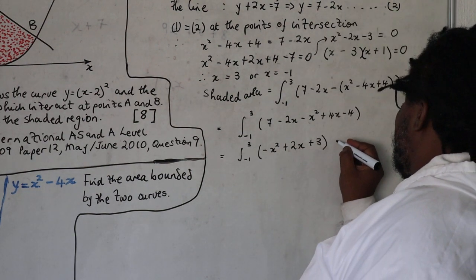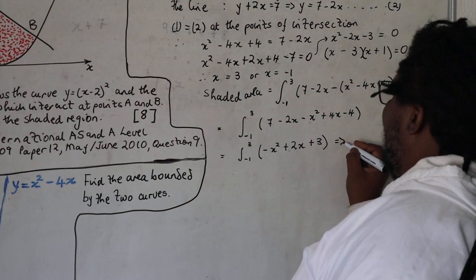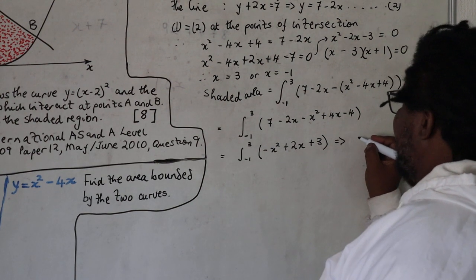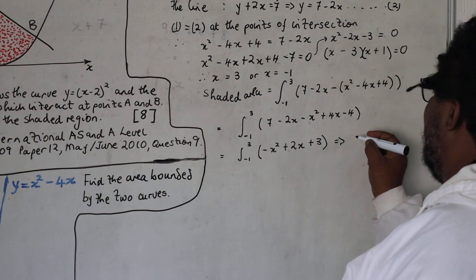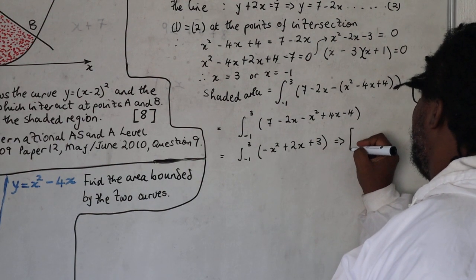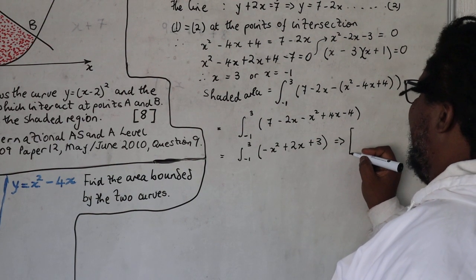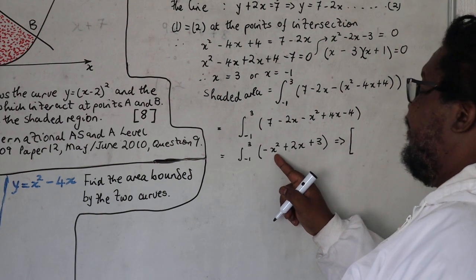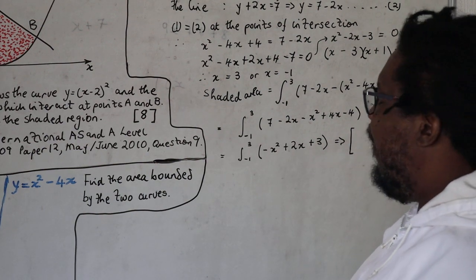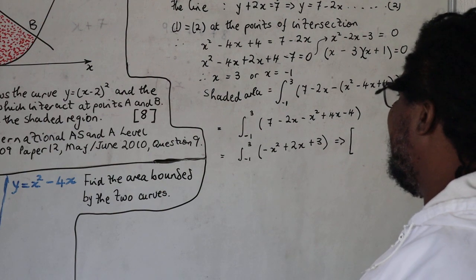And we integrate. When we integrate, we just put the square brackets and remove the integral sign. So we have, remember, integration is the opposite of differentiation.